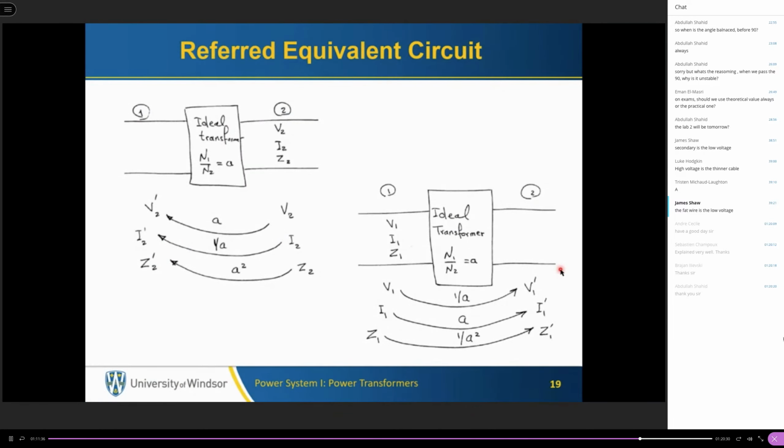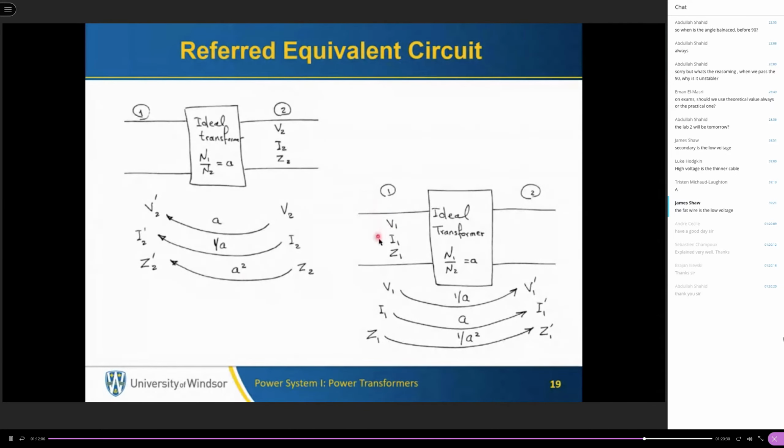Now let's talk about referring quantities from one side to another. If we have the turns ratio N1 to N2, this is A. If you want to refer voltage, current, and impedance from the secondary side to the primary side, for voltage you multiply by A, for current you divide by A, and for impedance you multiply by A squared.